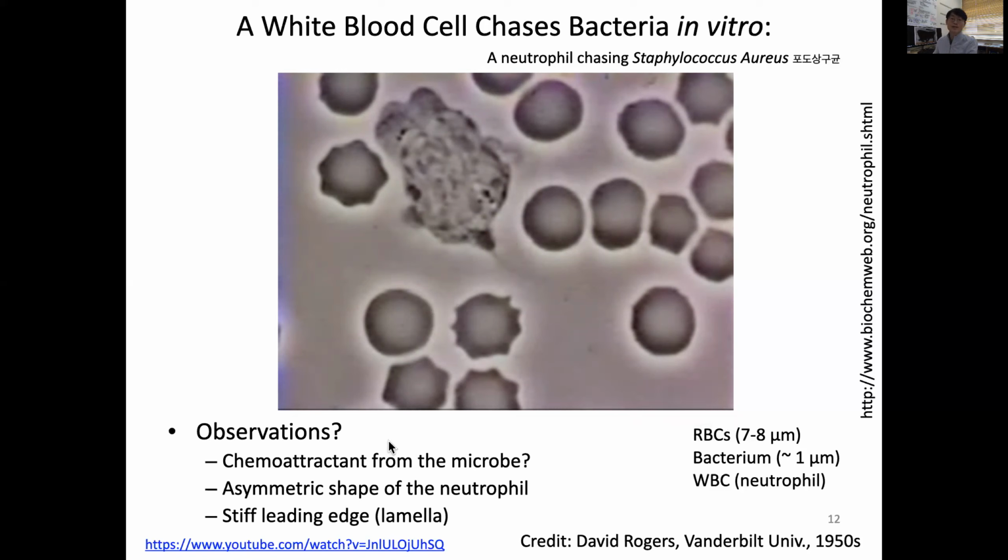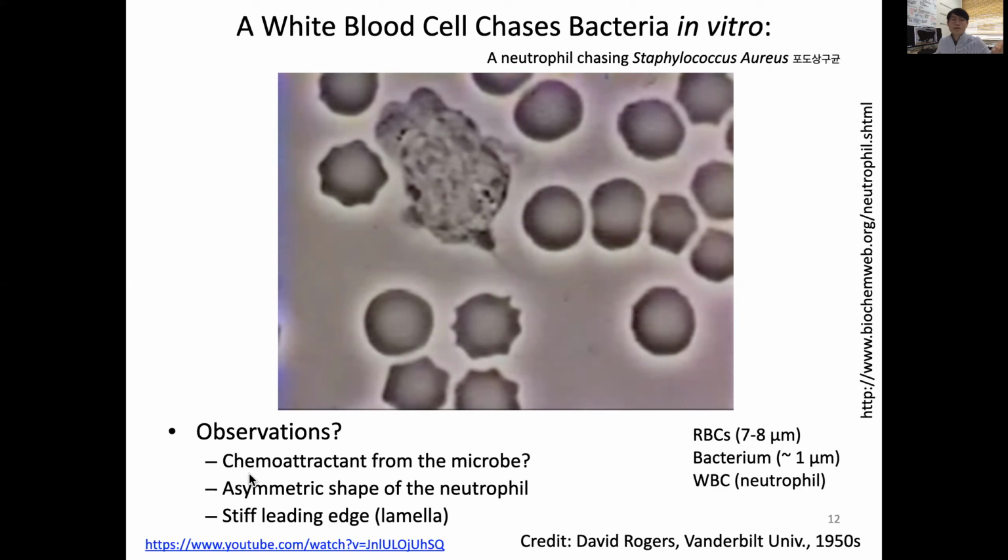So what can we see from this movie? First of all, this white blood cell somehow neglects the red blood cells around, but only seeks that bacterium which is actively swimming inside this pool. So there must be something which signals the bacterium to the white blood cell.